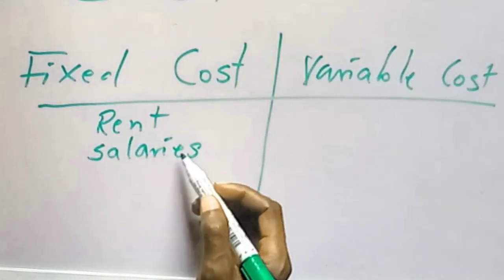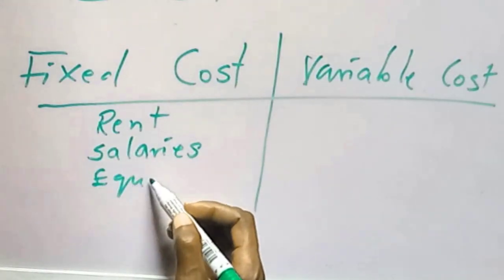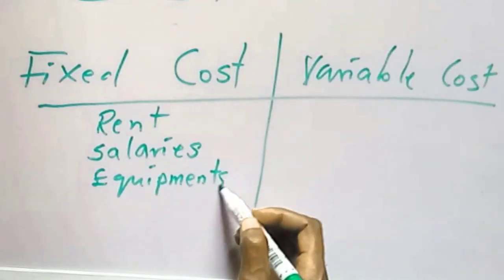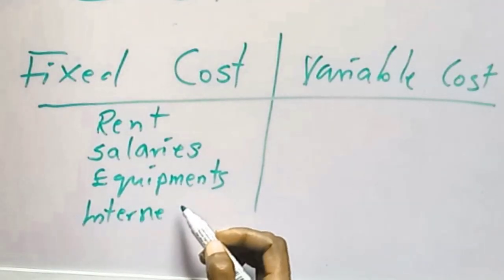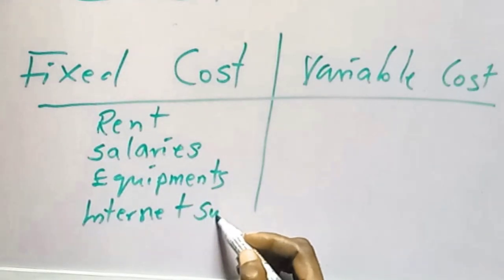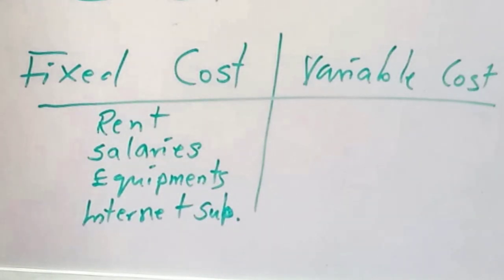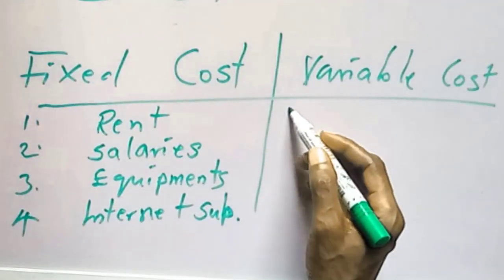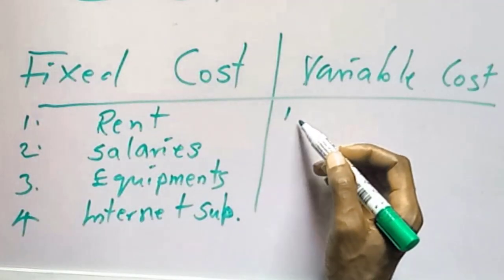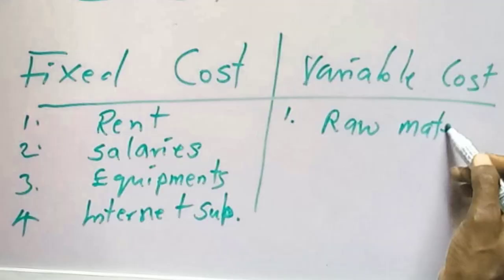Fixed costs are constant, like the monthly rent, say $500. But variable costs increase as production increases.